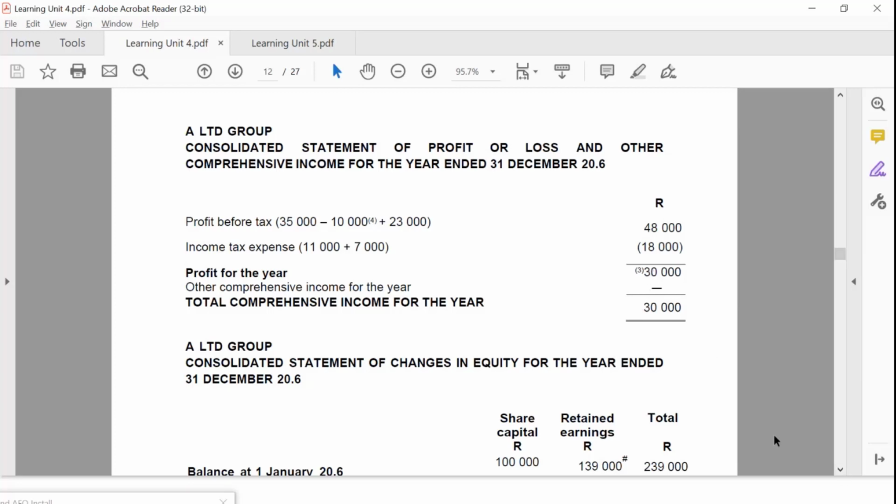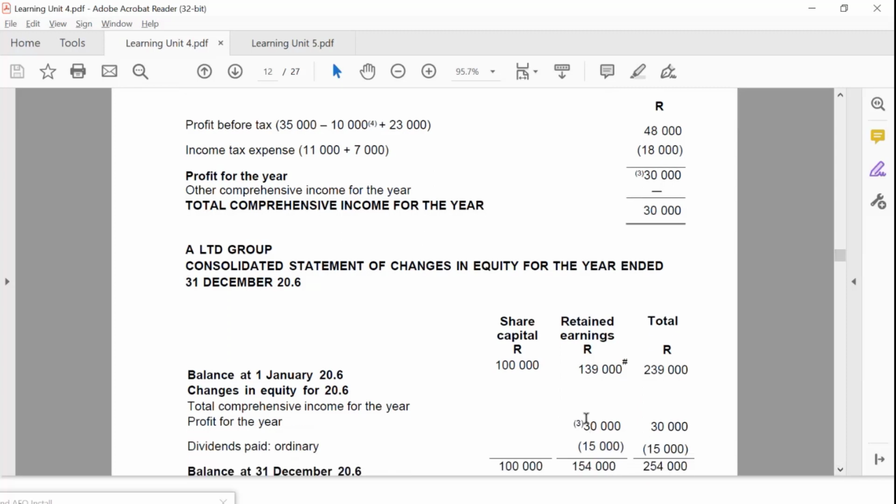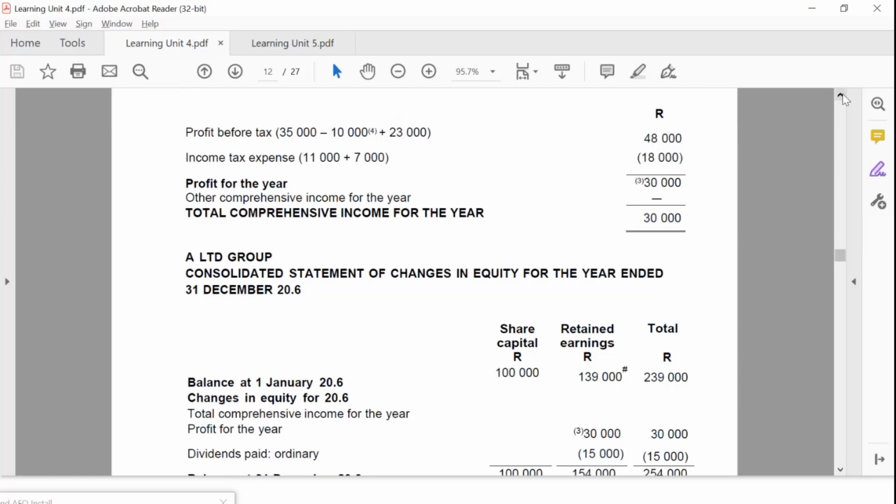Remember, this 30,000 is coming from the statement of profit and loss and other comprehensive income. In fact, that is what it is. This 30,000 is not even coming from the analysis. It's coming straight from the income statement. So the easiest answer to your question is to quickly do a calculation of the income statement.